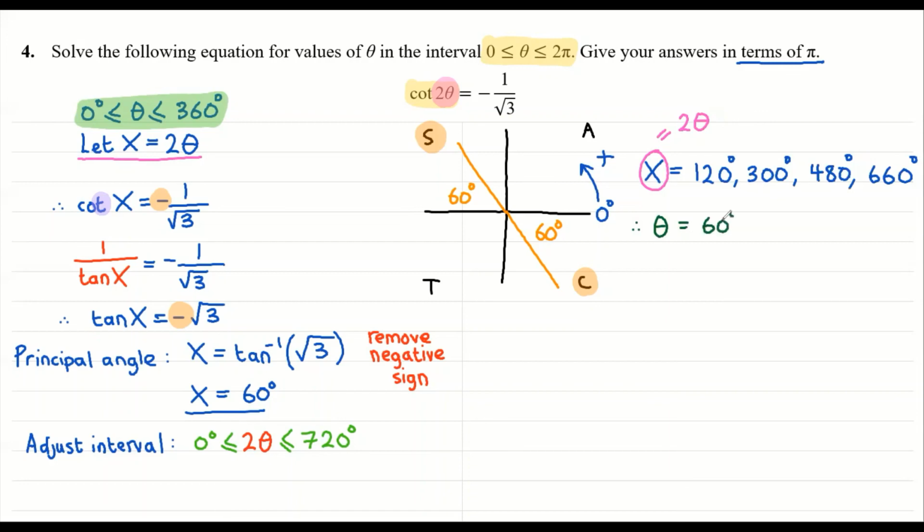So we've got 60 degrees, 150 degrees, 240 degrees, and 330 degrees. So this is looking good. Now, we've got to be careful now. Remember, initial step was we said here that we are going to do our working out in degrees, and then we can convert to radians at the end.